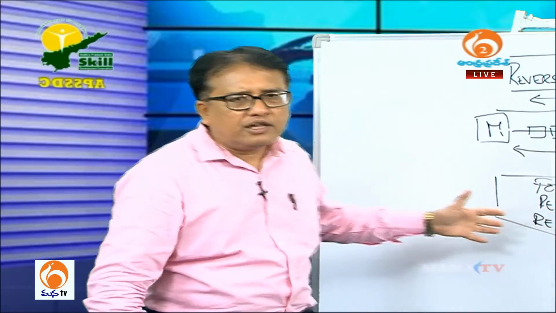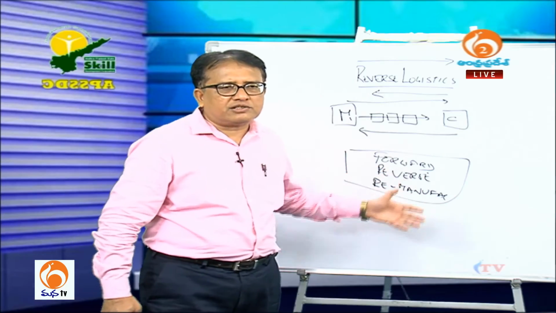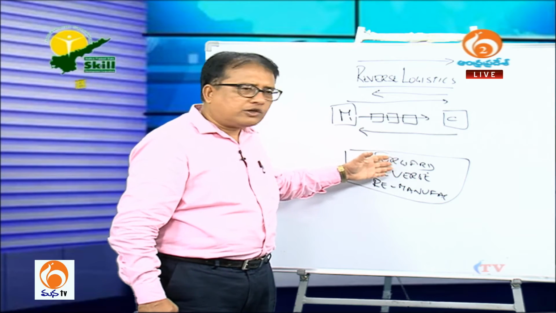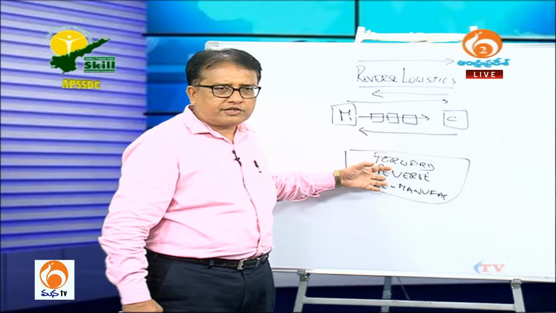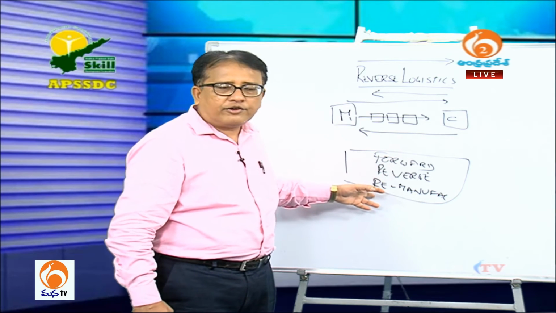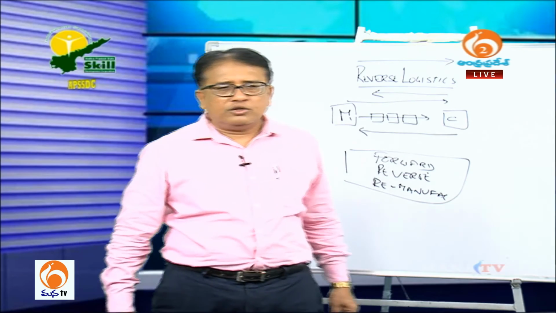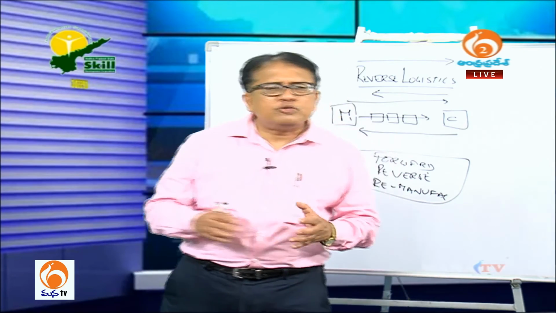Here we are using the same supply chain system for the forward logistics function, for the reverse logistics function, as well as for remanufacturing and selling to the customer as used items. And there is a huge market.